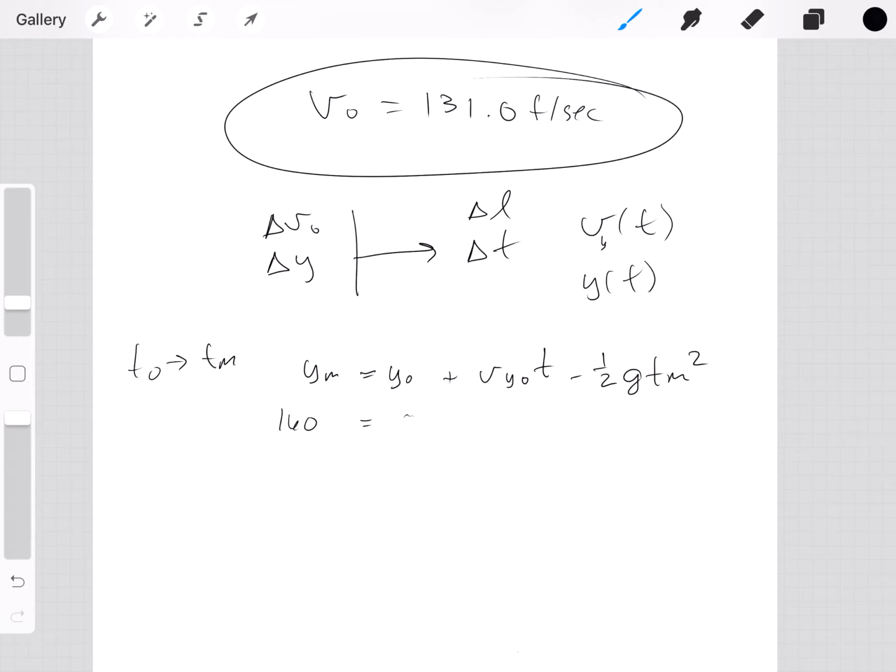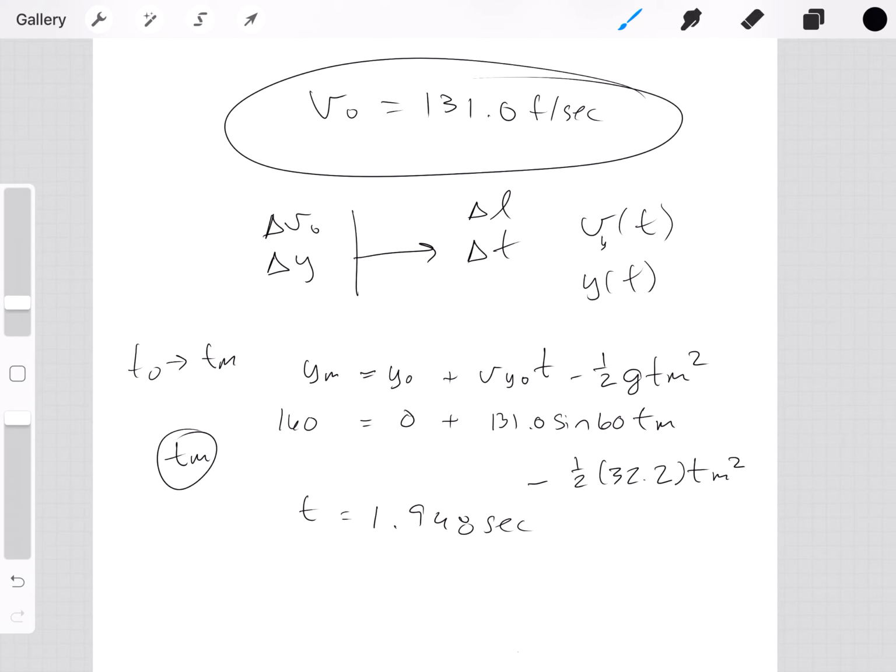And plugging in the values that we know, 131.0 sine of 60 times t middle minus 1/2 times 32.2 times t middle squared. And solving for t middle, you'll find that it equals 1.948 seconds.